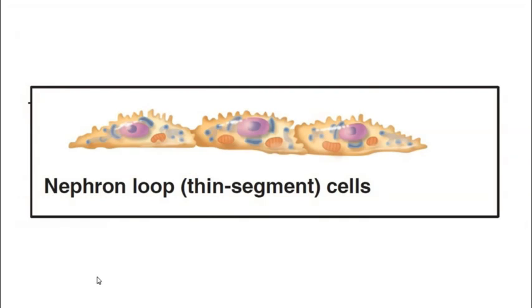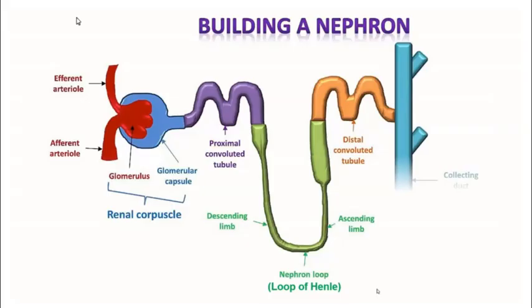So if we look at the thin segments, we see that the thin segments are made of a flattened squamous epithelium. They have some microvilli here, but not a whole lot. So we have some absorption and secretion taking place in the nephron loop, but a lot of that absorption and secretion has already taken place in the proximal convoluted tubule, so we don't need quite as much of that here.